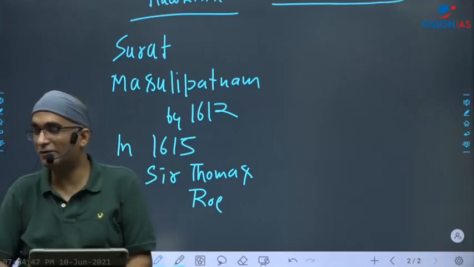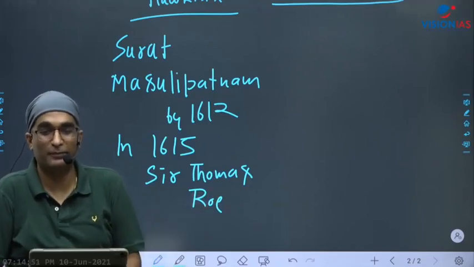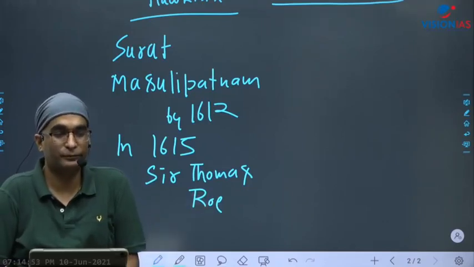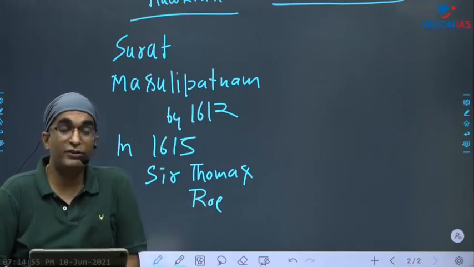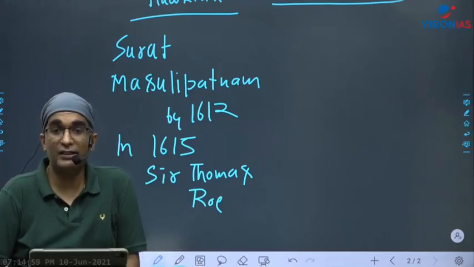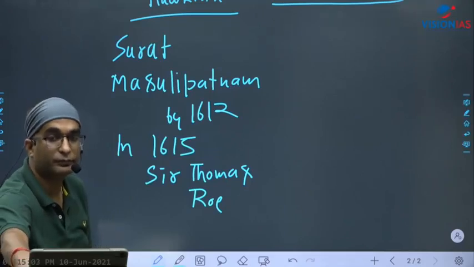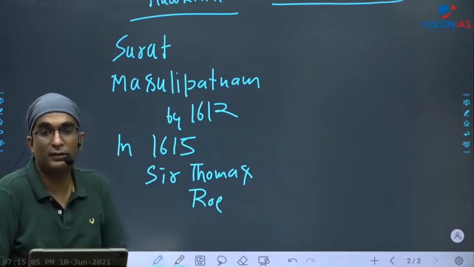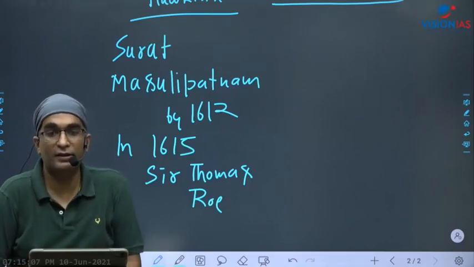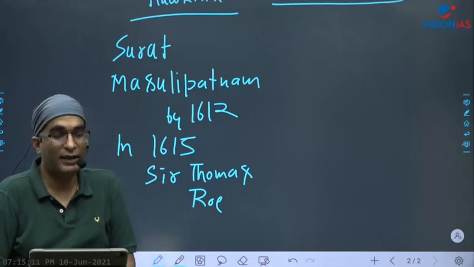So he is Thomas Roe, not the Jadeja. In 1615, Sir Thomas Roe visited Jahangir's court, and he was granted further trading concessions.